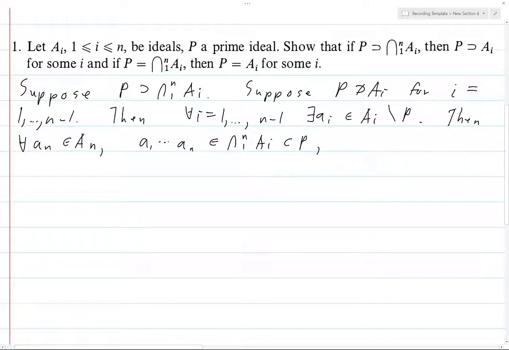So the product A1 through AN is contained in P, but P is a prime ideal. So since capital P is prime, we're using the primeness condition for ideals, but generalized to n products.